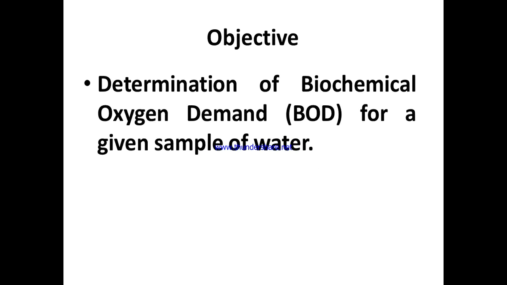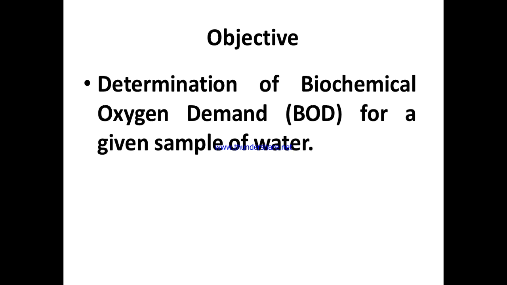So our objective is determination of biochemical oxygen demand BOD for a given sample of water, and I have told you students that dissolved oxygen DO is a prerequisite for biochemical oxygen demand, because we measure initially the dissolved oxygen level in the water sample, then we incubate the water sample after diluting it.